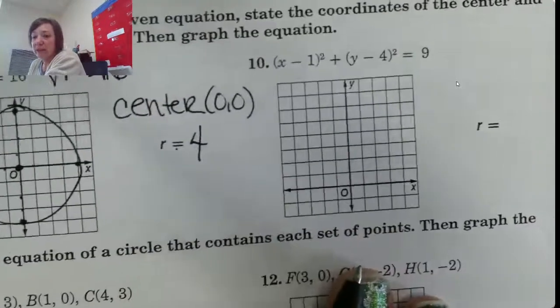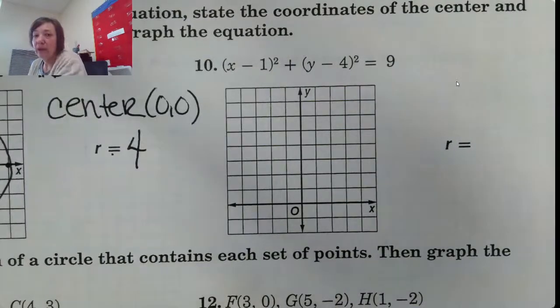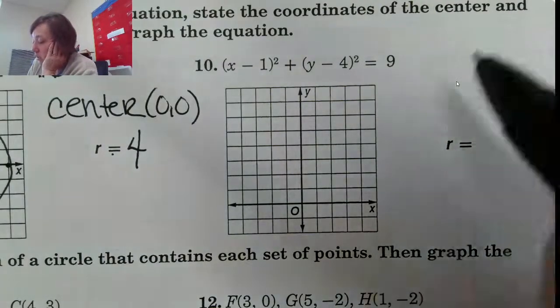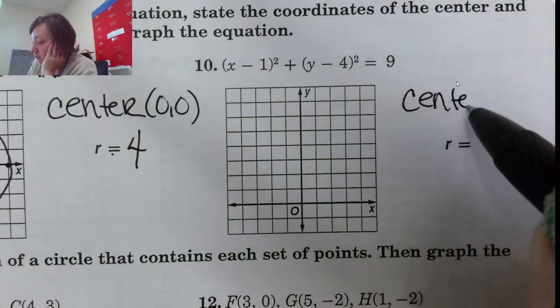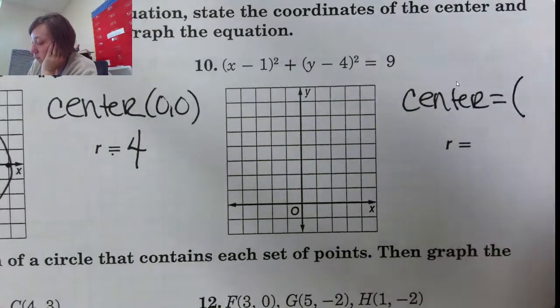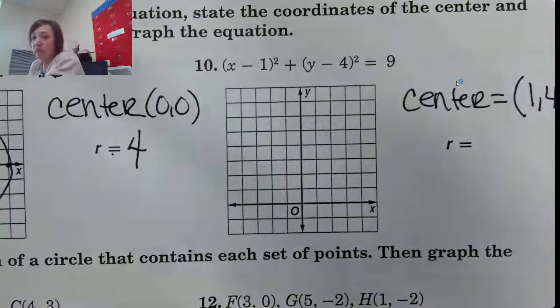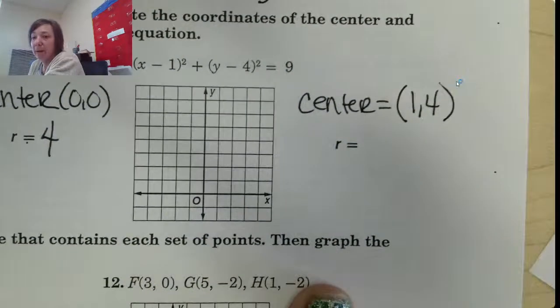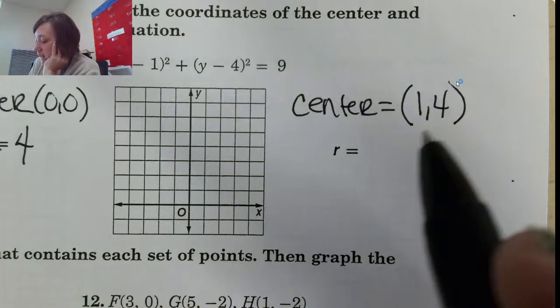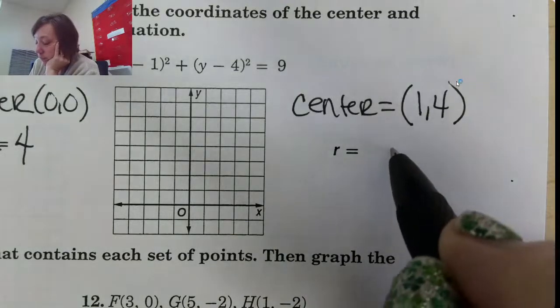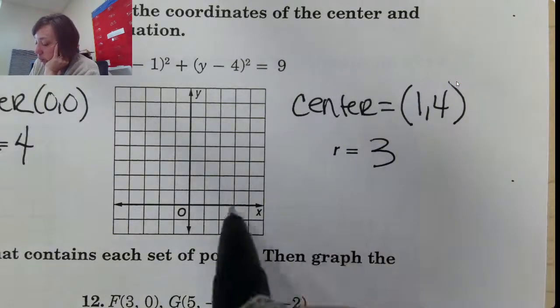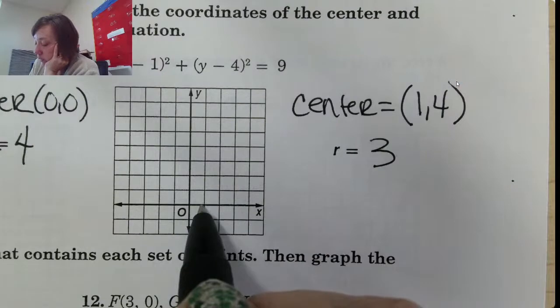So if you look at 10, what is our center on 10? Is it negative or is it positive? Uh-huh. What's our radius? 3. So we're going to do 1, 2, 3, 4.